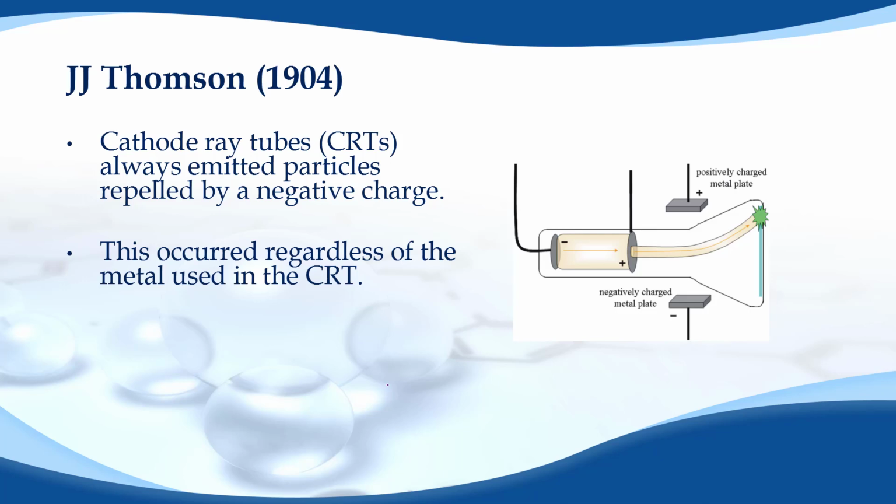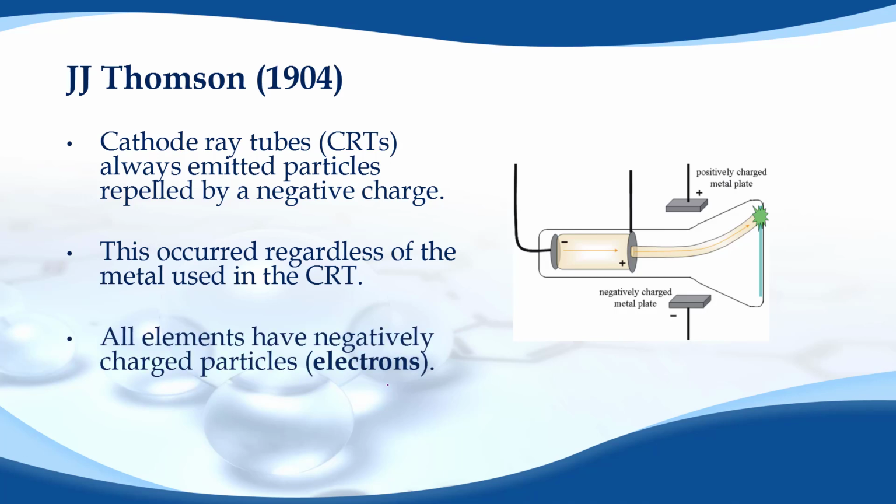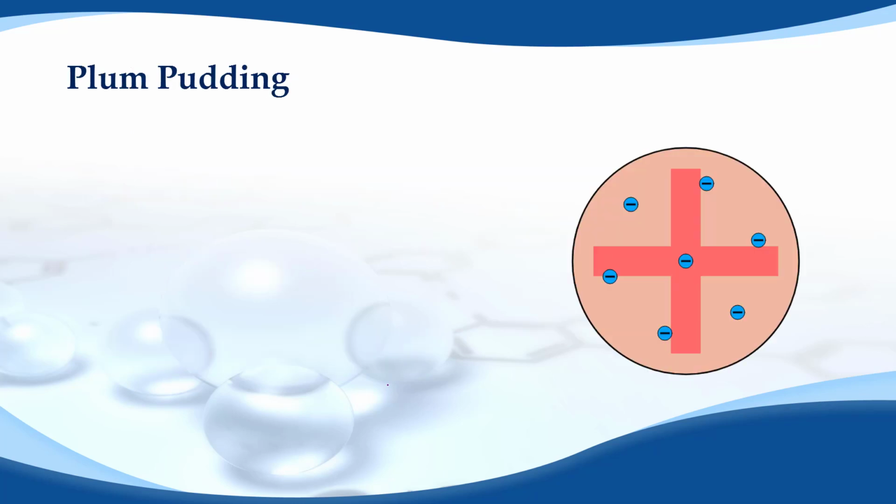So what Thomson was able to take from this was the idea that all elements have these tiny little negatively charged particles in them that wound up being called electrons. And this brings us into his model of the atom, which is called the plum pudding model, plum pudding being a British dessert.